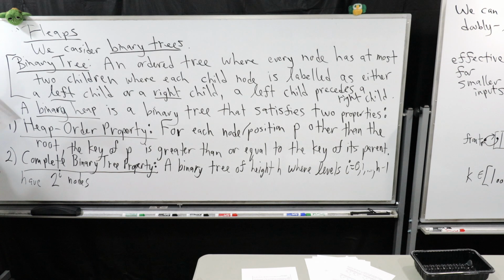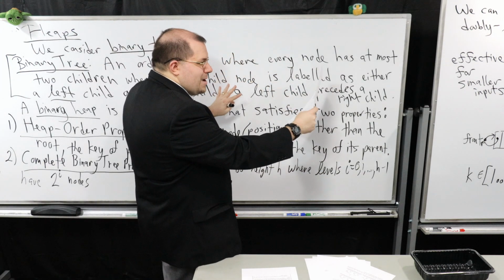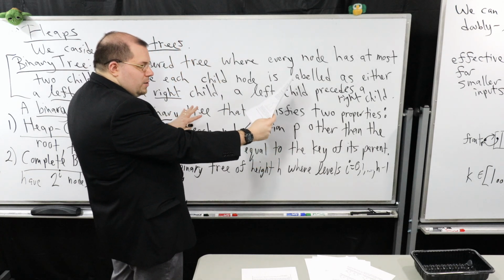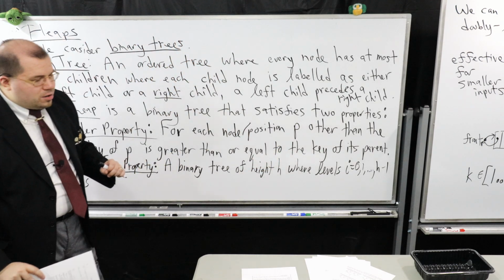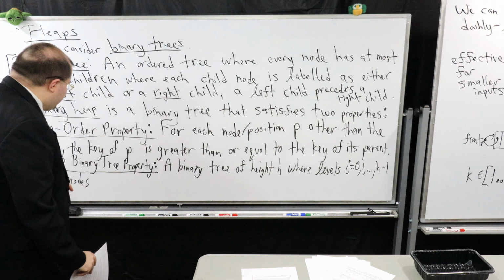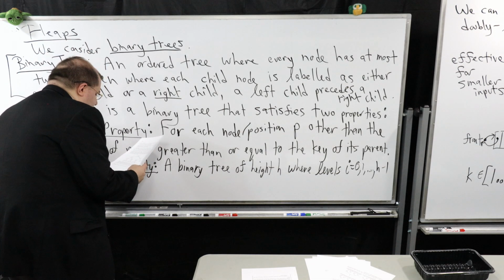So I want to make the tree as full as possible. If I have any one level, I want to ensure that all of these levels from 0 all the way up to h minus 1 are all full of nodes. I want to make sure of that. This is the maximum possible at each of those levels.